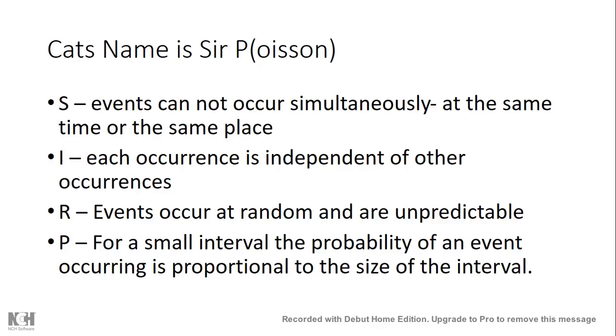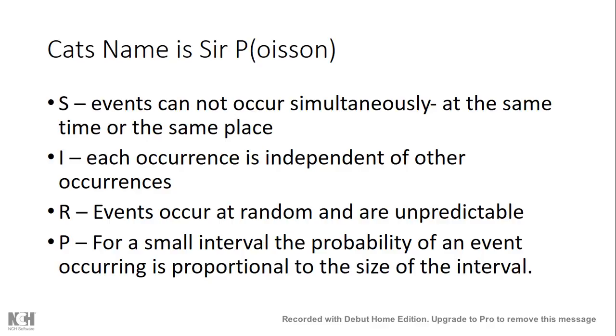For a small interval, if we're going to be technically correct, we must say this: for a small interval, the probability of an event occurring is proportional to the size of the interval. So if, in the previous question, we were talking about number of customers in a 15-minute interval, what we say with Poisson is that if you want to know the number of customers in a 5-minute interval on average, the average will be a third of what it was for a 15-minute interval.